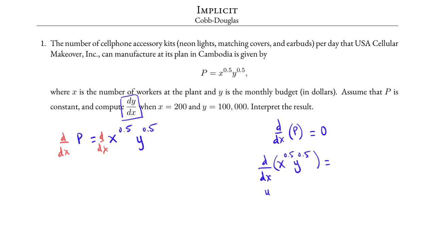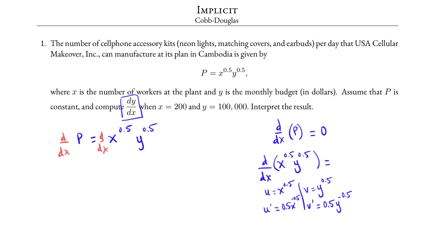The first factor u is x to the 0.5, and the second factor v is y to the 0.5. The derivative of u with respect to x is 0.5 x to the negative 0.5 using the power rule. The derivative of y to the 0.5, v prime, is 0.5 times y to the negative 0.5.